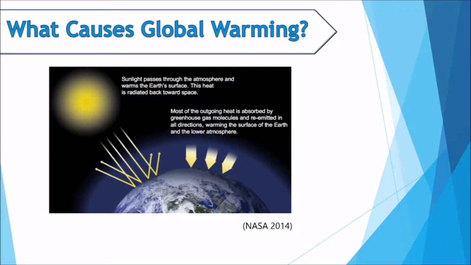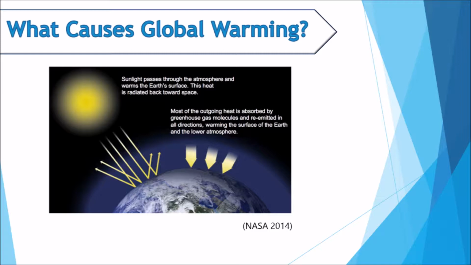A large number of the issues caused by climate change involve global warming. In order to find solutions to the problems caused by global warming, we first need to know what causes this to happen. Ultraviolet rays from the sun enter the Earth's atmosphere and are then reflected by the Earth.